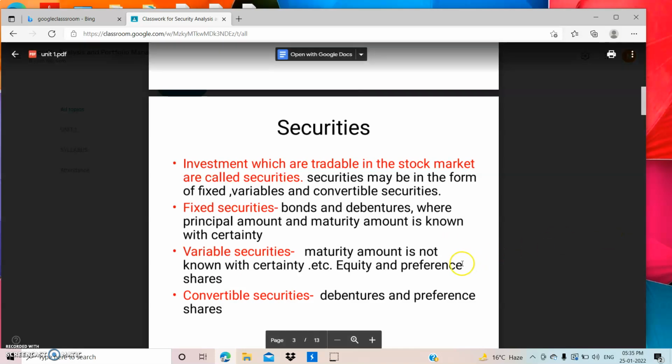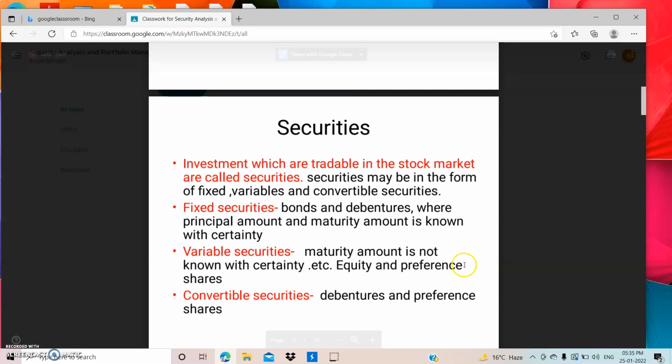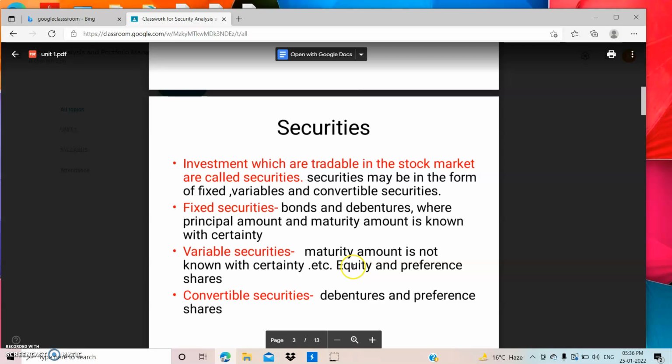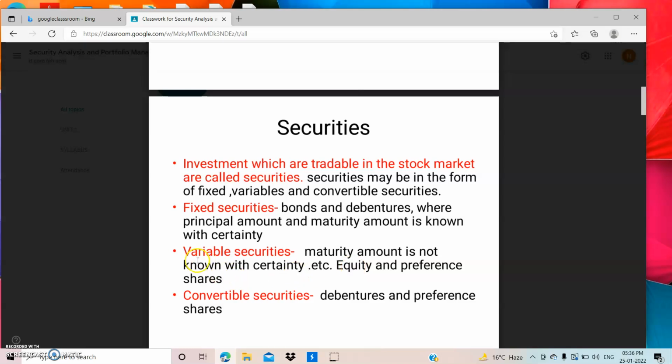But in the case of preference shares, there are certain preference shares which are redeemed, say after 20 years or 30 years, and the principal amount is returned to the preference shareholder, but not in the case of equity. That's why they are known as variable securities. Next is convertible securities. Convertible securities are those investments which can be converted into other forms of investments.